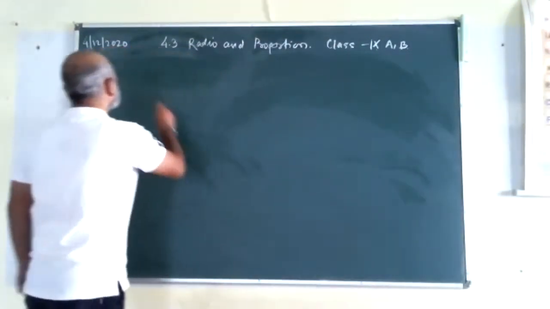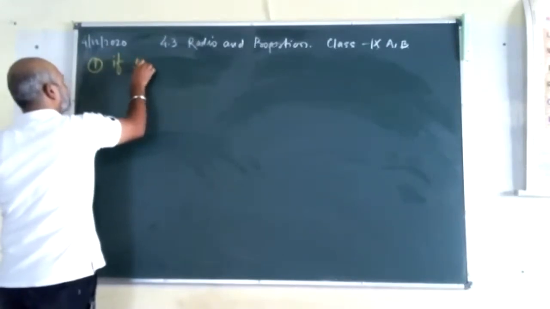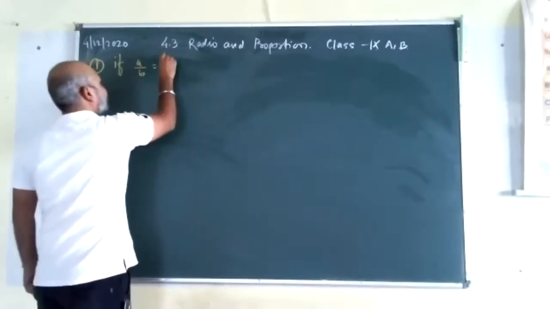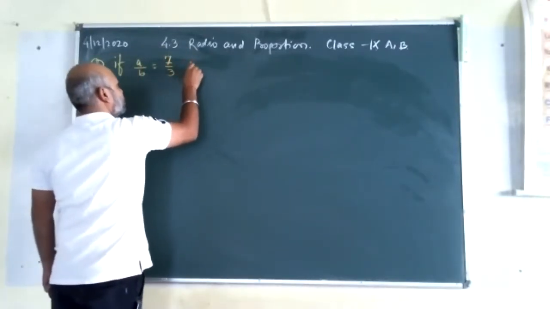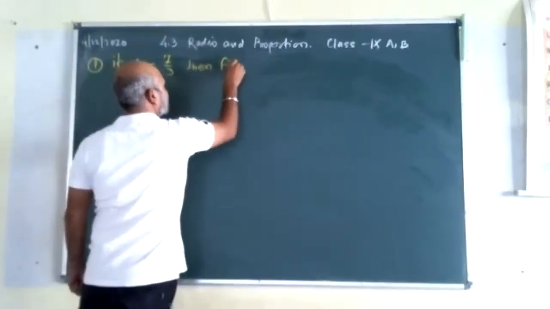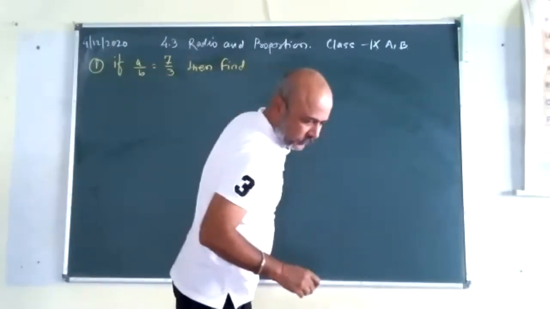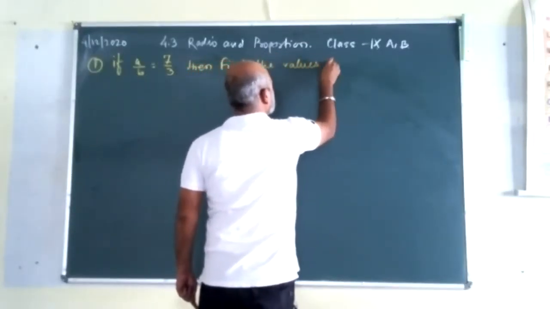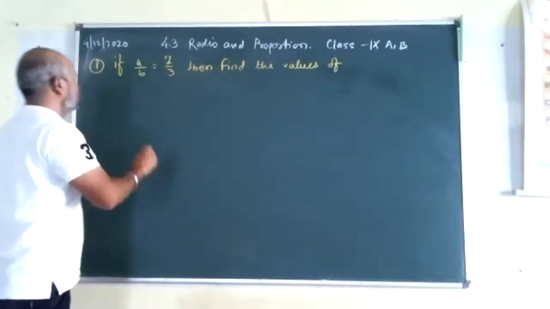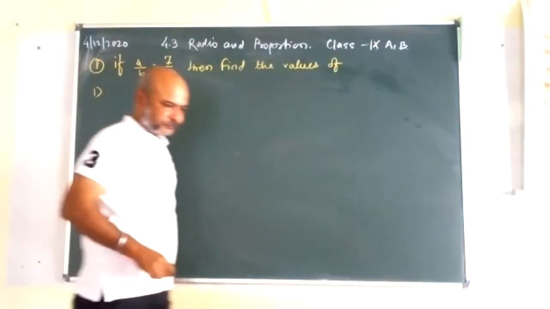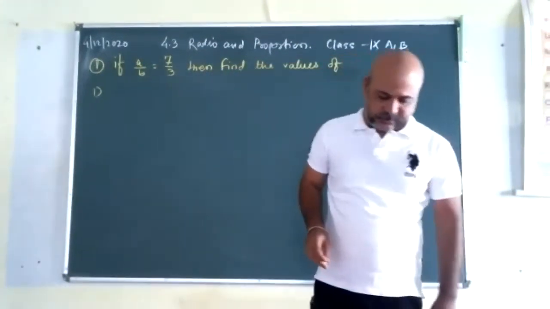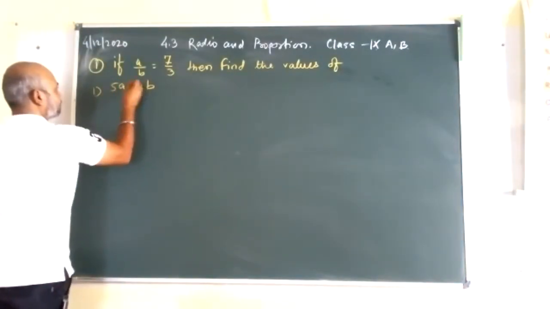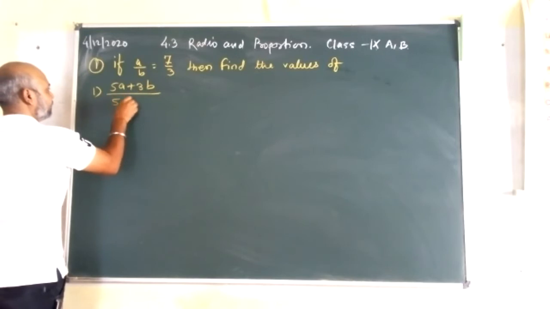If A upon B is equal to 7 by 3, then find the values of: first, 5A plus 3B divided by 5A minus 3B.